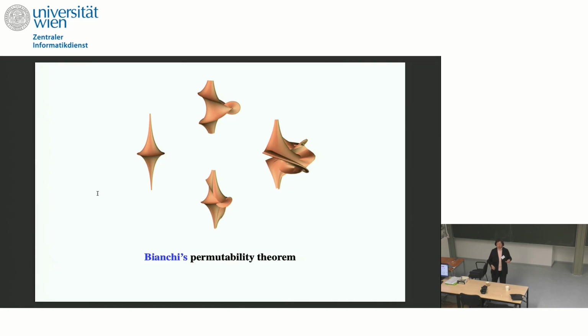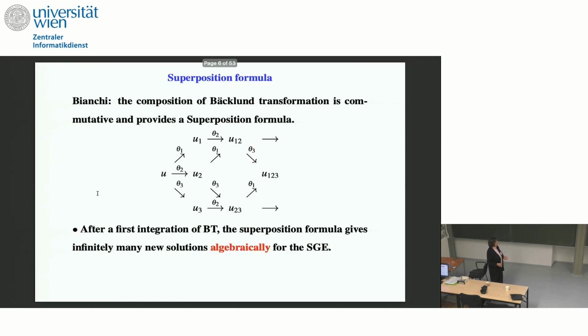This is the Bianchi permutability property, a geometric property, and it has its analytic interpretation: when you start with a solution, you impose Bäcklund with two parameters, and you have a new one by this permutability property. Then you can go on doing this indefinitely.